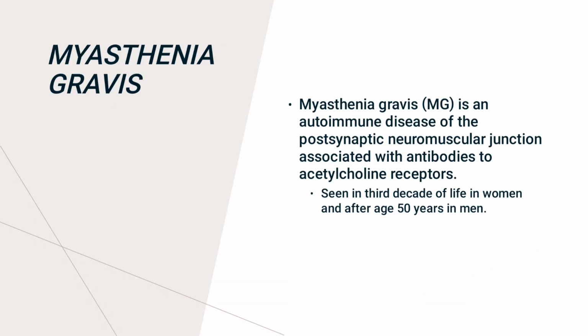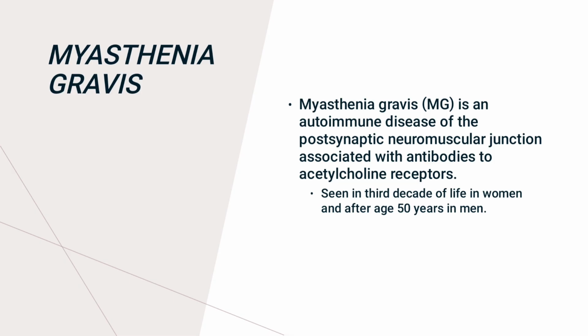Going back, myasthenia gravis is an autoimmune disease affecting the postsynaptic neuromuscular junction. We already discussed this. And as we know, whenever you have a history of autoimmune disease, always think about the possibility of having another autoimmune disease. In this case, she had hyperthyroidism, I guess, as I remember, and also her sister had systemic lupus, her mother had rheumatoid arthritis.